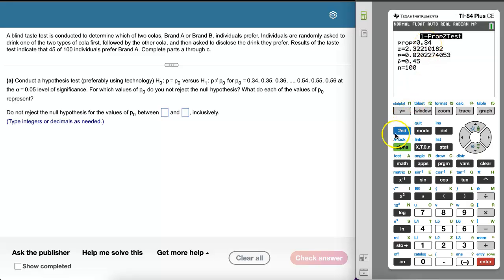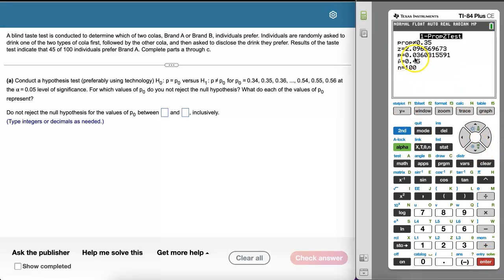So I'm going to repeat this process until I do not reject the null hypothesis by coming back to Stat, Test, number 5, and I'll continue to change the p sub 0 value, the proportion value, throughout this list. Nothing else changes.